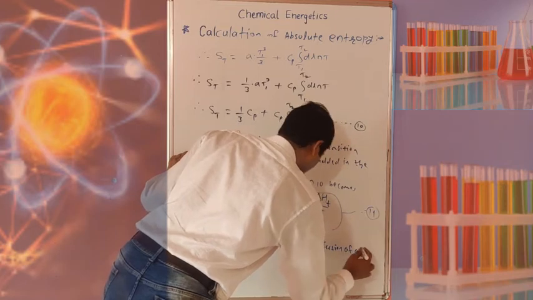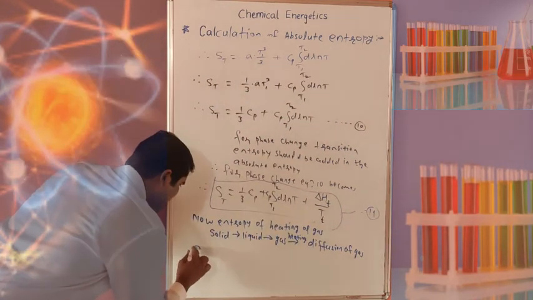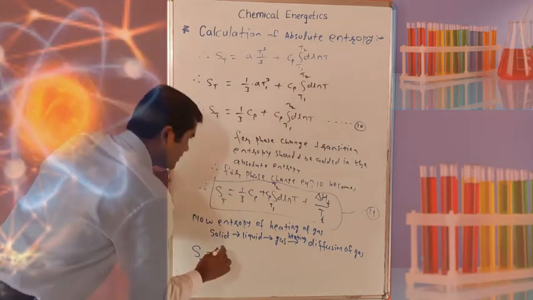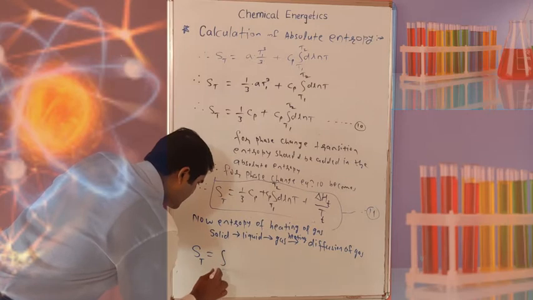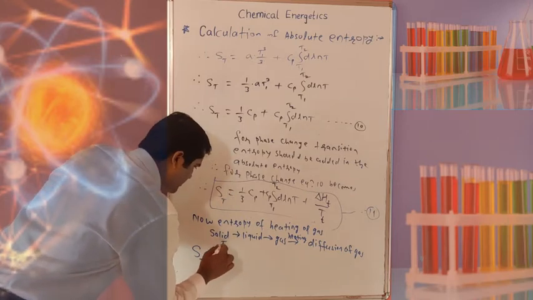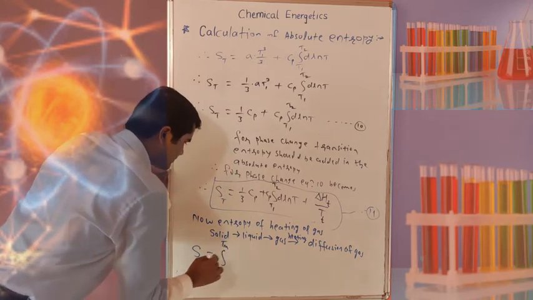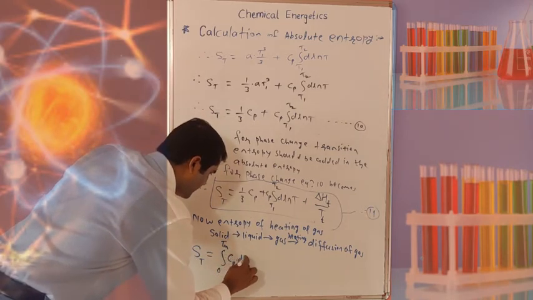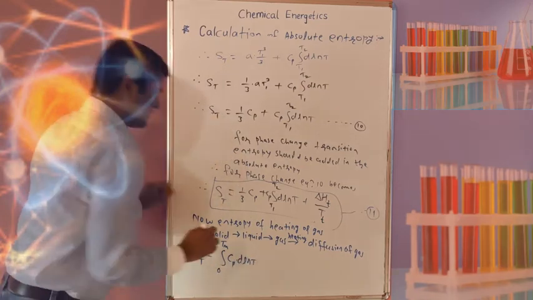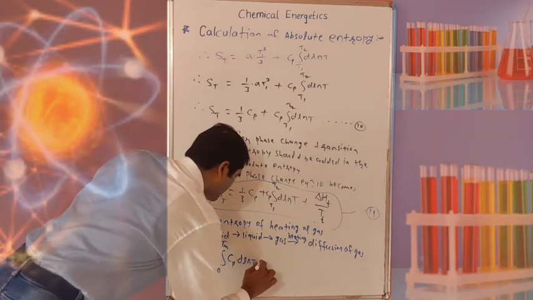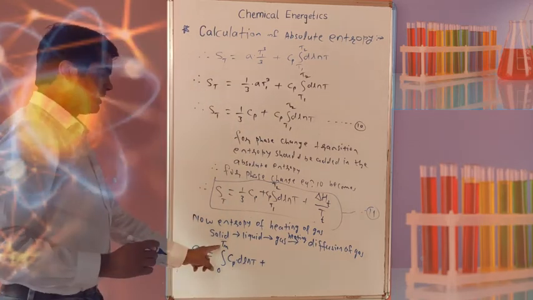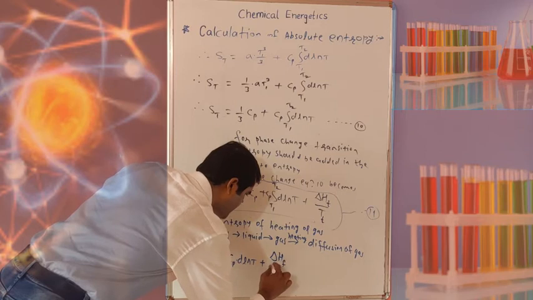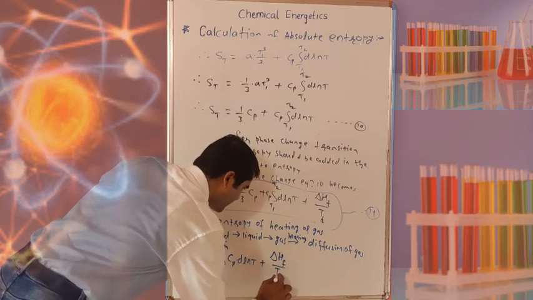So for this process, absolute entropy St is equal to, first we have to take temperature 0 to melting point, that is solid to liquid, and in that case Cp d ln T. So this is the heat capacity term, plus melting point, solid to liquid, that is fusion, so change in heat of fusion upon melting point.